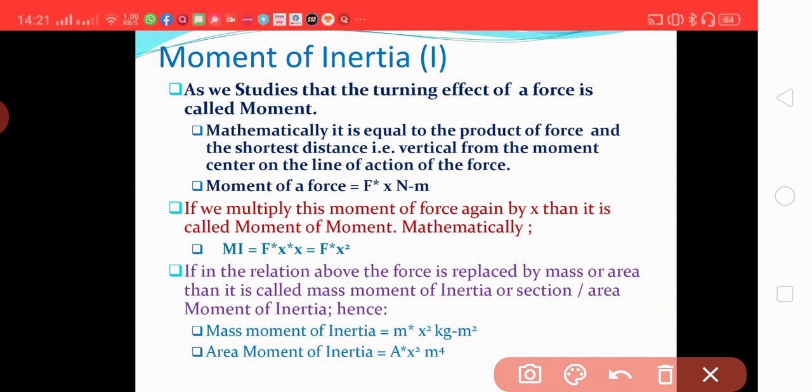Now if we replace this force by mass or area of cross section, then we will be calling it mass moment of inertia or area moment of inertia.